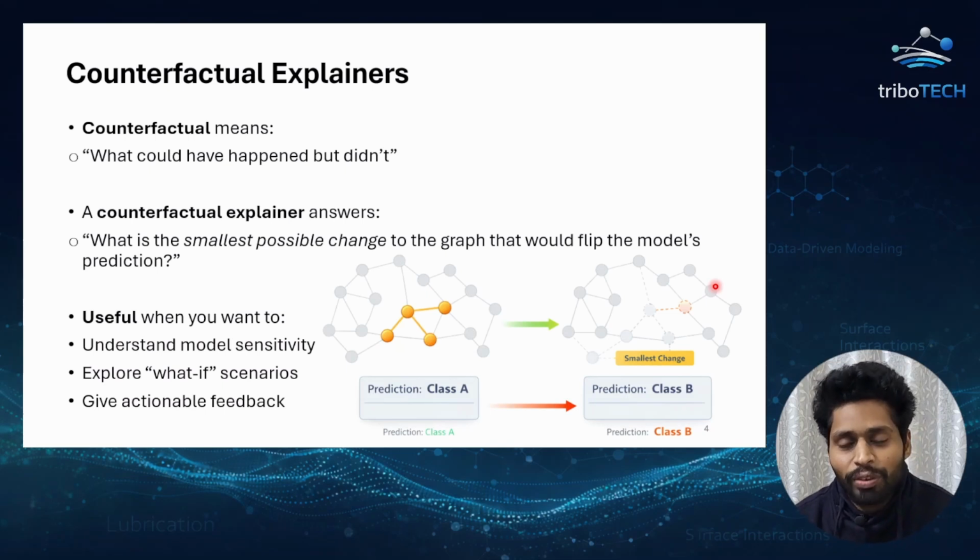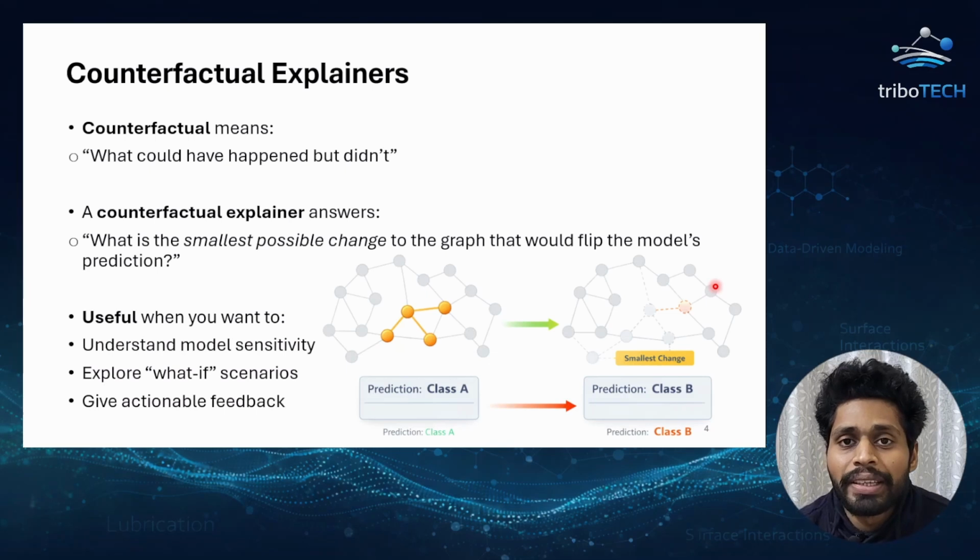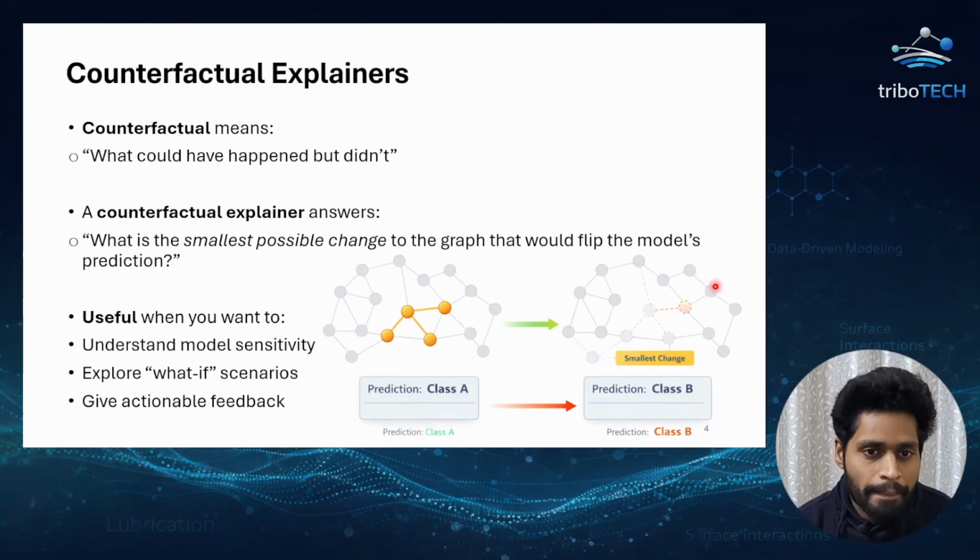So counterfactual explainers are useful when you want to understand the model's sensitivity. I mean, if you make some changes in the graph and the model's predictions are flipped, you take note of the sensitivity of the model, right? If you're interested in that, counterfactual explainers are your tool, right?